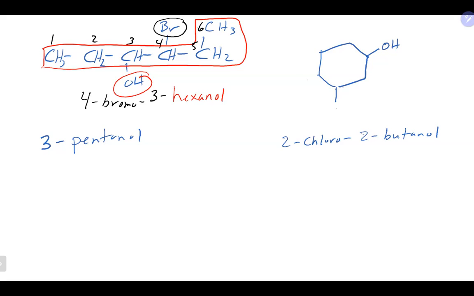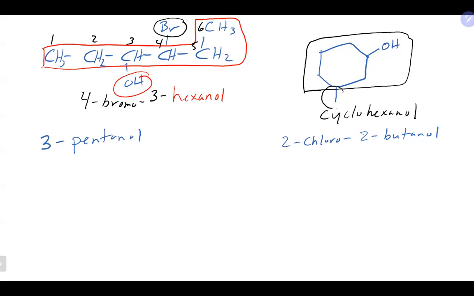All right, so if we look at the next one, the part that has the OH is this whole ring here. And that is 6 carbons, which is cyclohexane. Because it has the OH group, it would then become cyclohexanol. Now, we do have a methyl group hanging off here, and we do need to give the location.